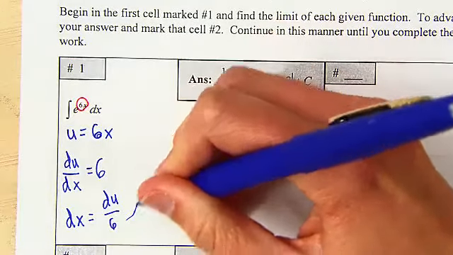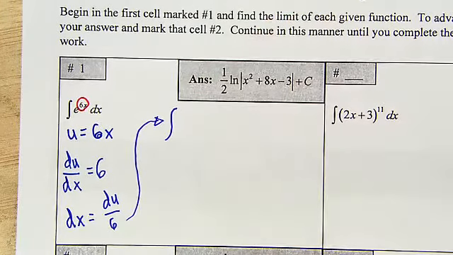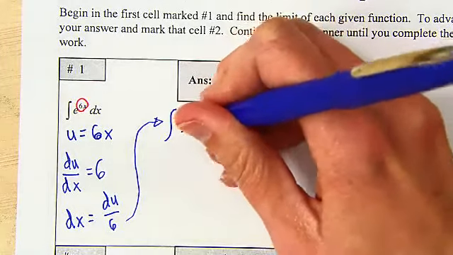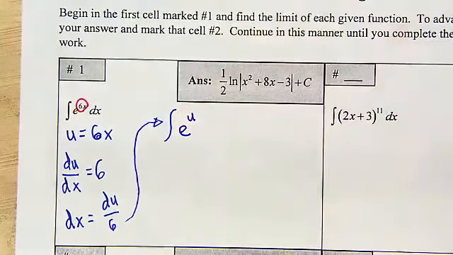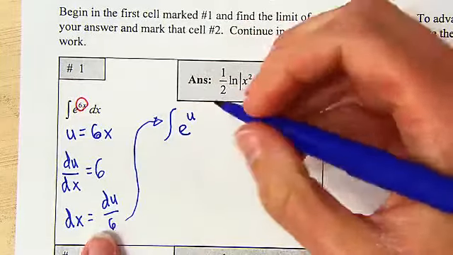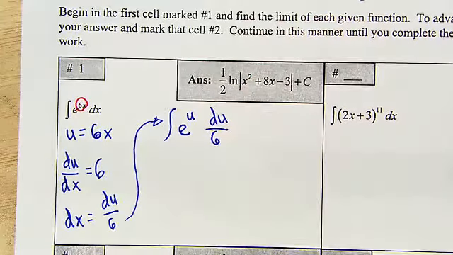So now when you get that dx by itself, then you go ahead and rewrite that integral. So I have the integral of e, and then that 6x, that's our u, so e to the u. And then that dx, let's replace it with our du over 6.